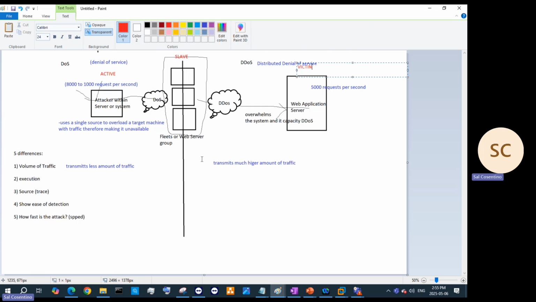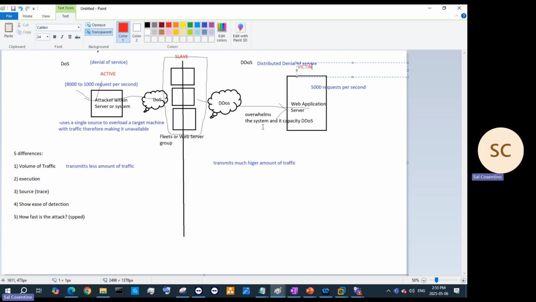So you'll see a lot of traffic going through. Remember, your attacker within the server system, in a DDoS environment, will have and handle more requests, right? So understand that, because that's important when we talk about denial of service versus distributed denial of service.